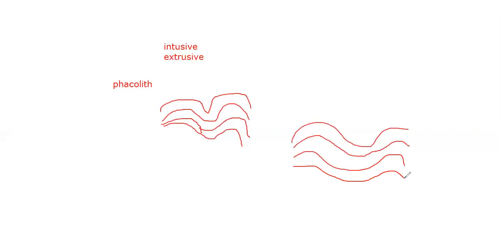And where you have the phacolith, you would have areas like these, so like the sinking area. Right there. So where I'm marking now, those would be the areas of lava, the areas of magma, right?